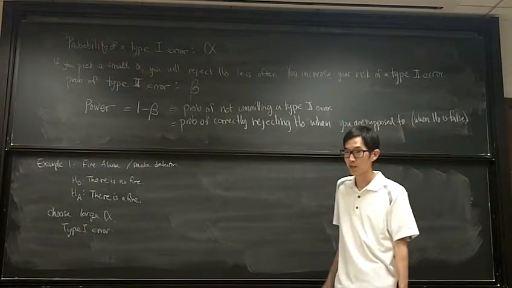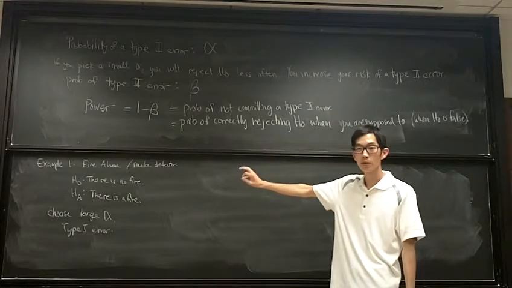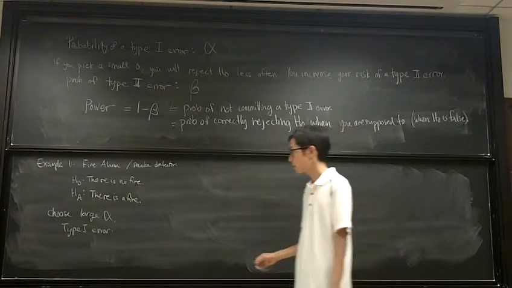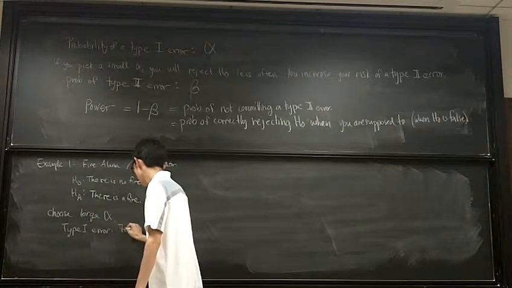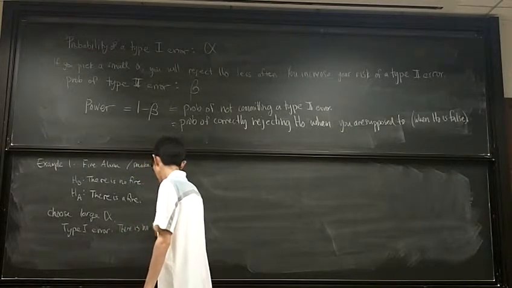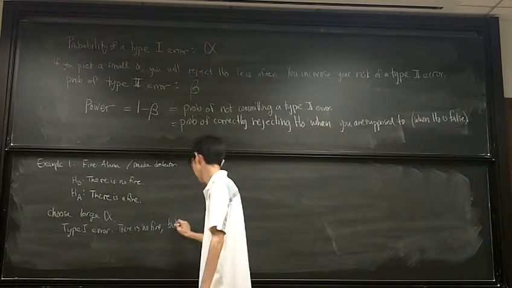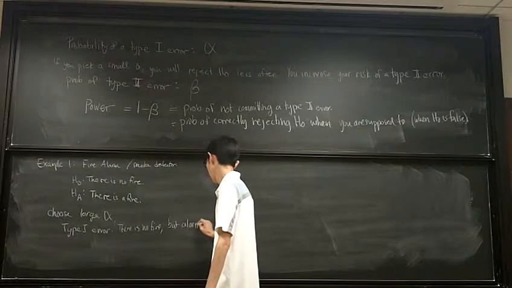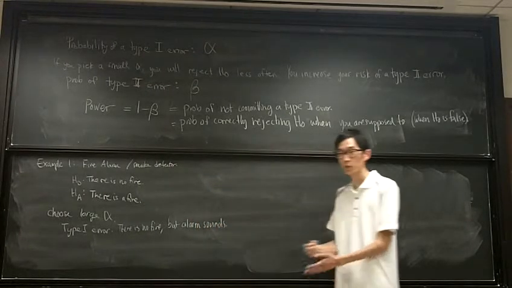Type 1 error is rejecting the null when the null is true. So here there is no fire, but you rejected it, but you sounded the alarm. That's a type 1 error.